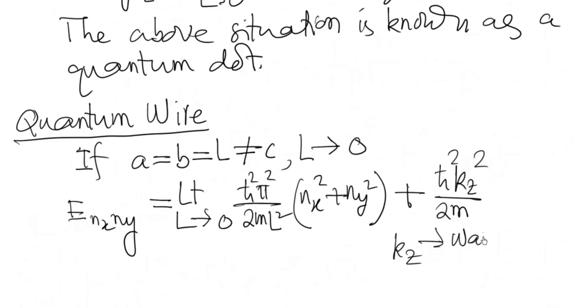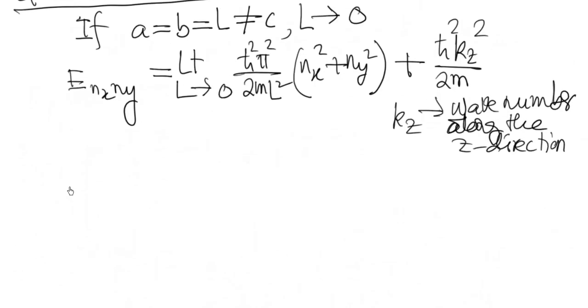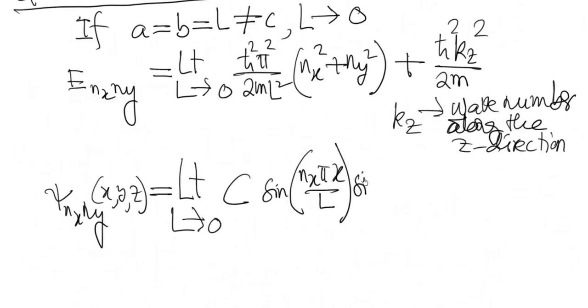This k_z is the wave number along the z direction. Okay, and the expression for the wave function can be written as: there will be a constant here, sin n_x pi x by L, sin n_y pi y by L, and along z direction is a free particle which is e to the power i k_z z.